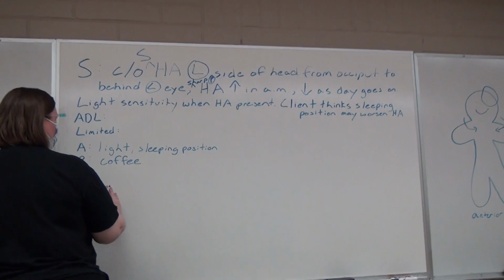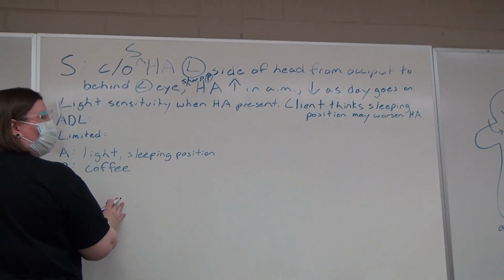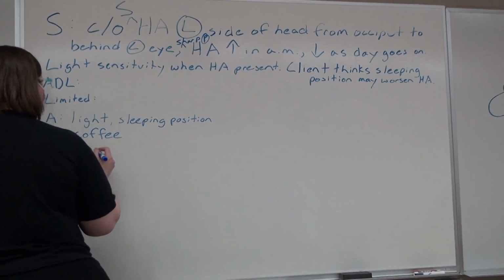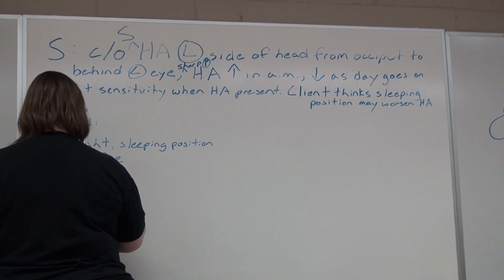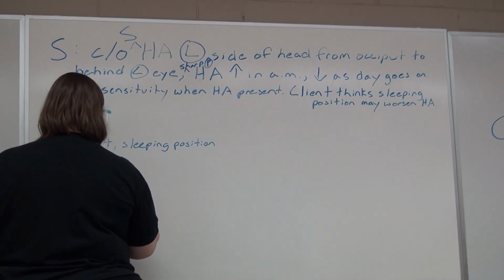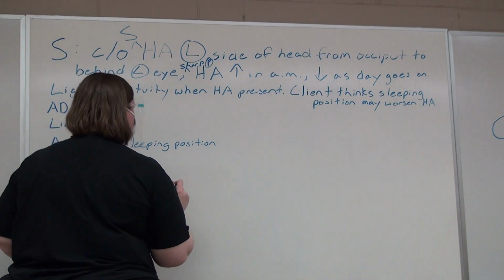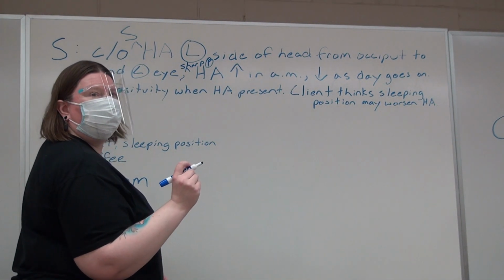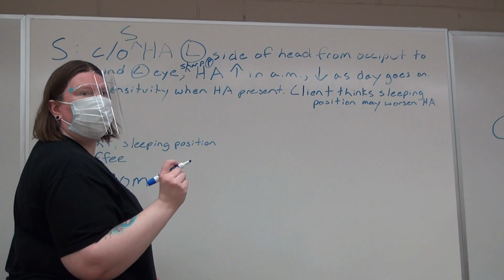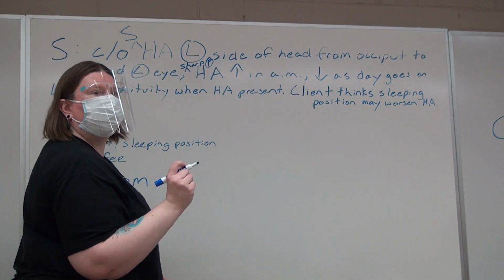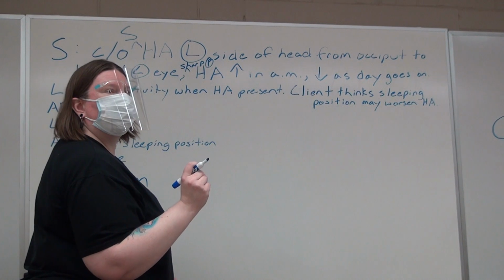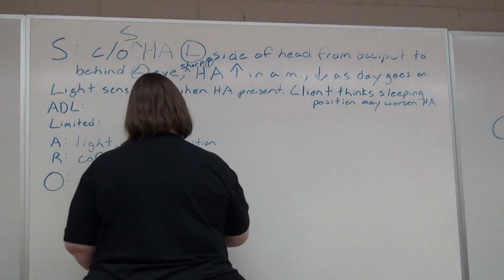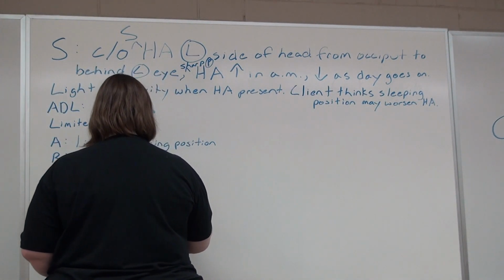So let's note what we found with the range of motion test. Decreased range of motion with what movements? Turn your head to the right, so that would be rotation. Yes.